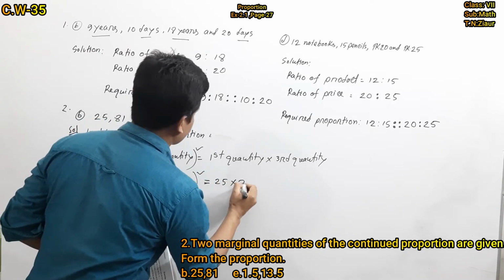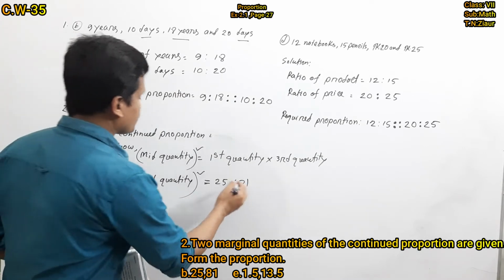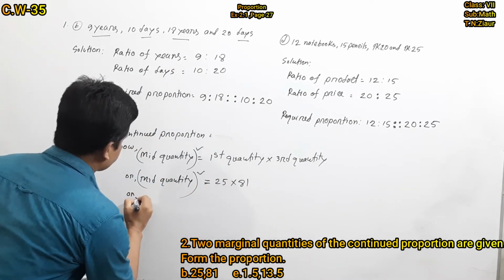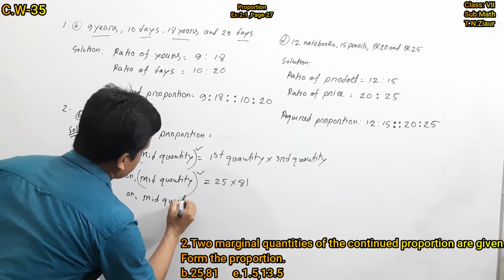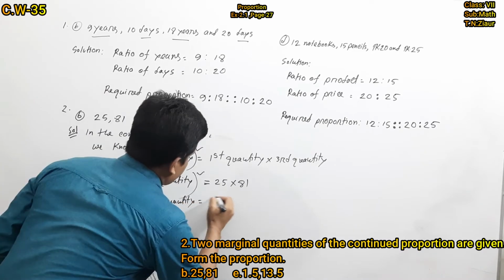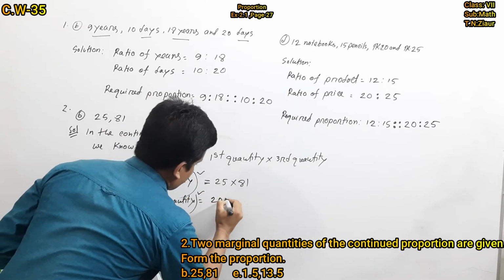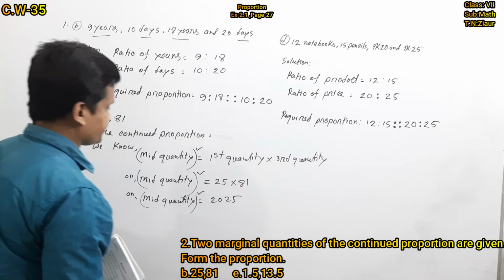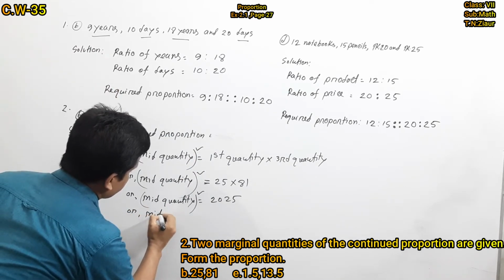So 25, 81. Okay. So 25 into 81, what will be the multiplication? Students, mid quantity. So the multiplication will be 2025.